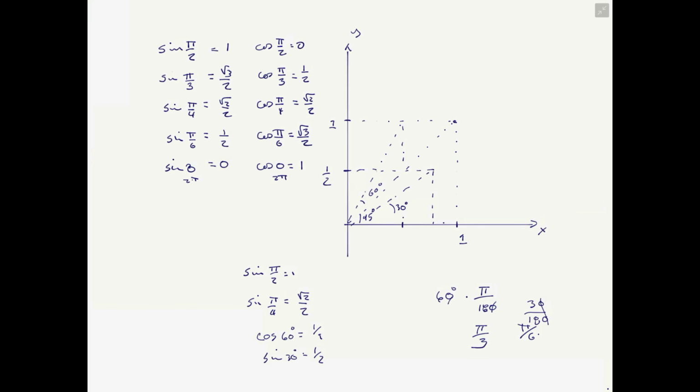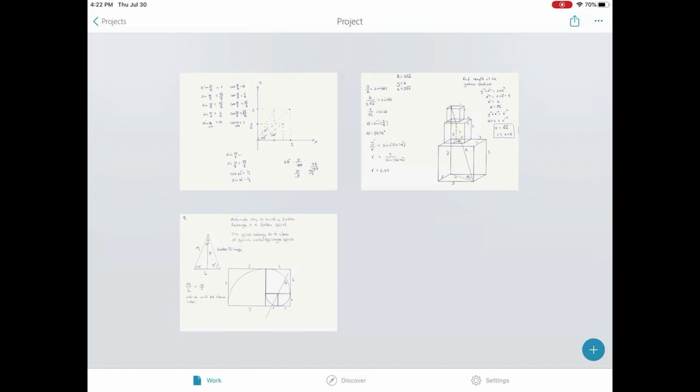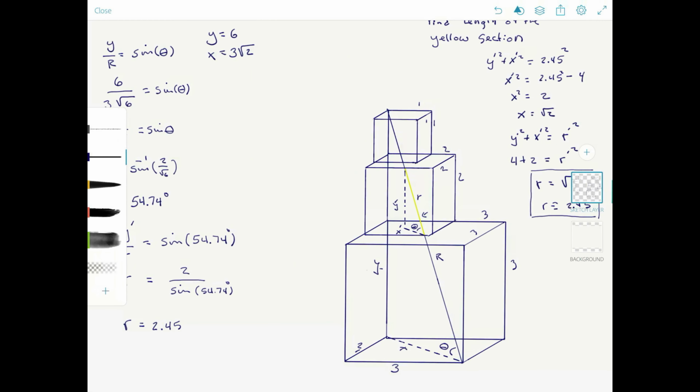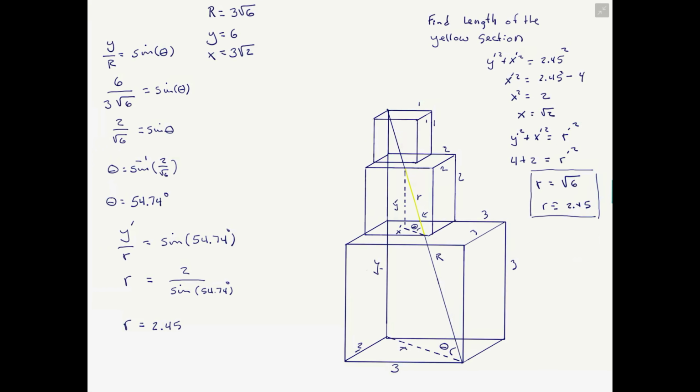And cosine of pi on 6 is square root of 3 on 2. And so on. Sine of 0 or 2 pi is 0. Cosine of 0 is 1. Same with 2 pi.